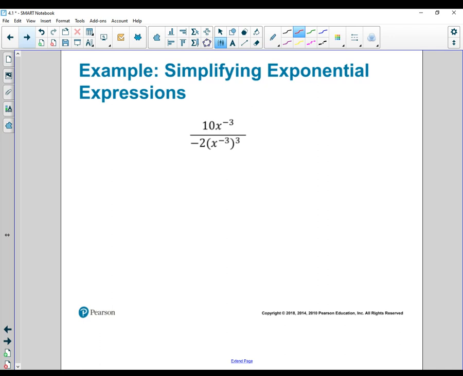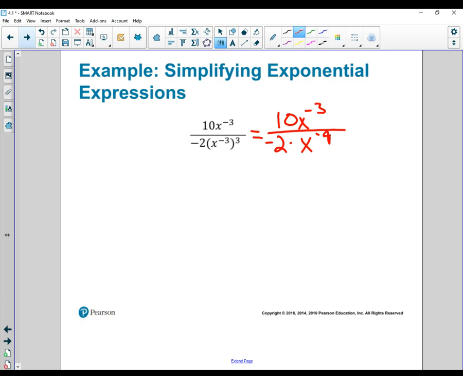All right, 10x to the negative 3, over negative 2 times x to the negative 3 to the 3rd. I'm going to do the exponents first again. Exponents to exponents, x to the negative 3rd to the 3rd, we multiply them.